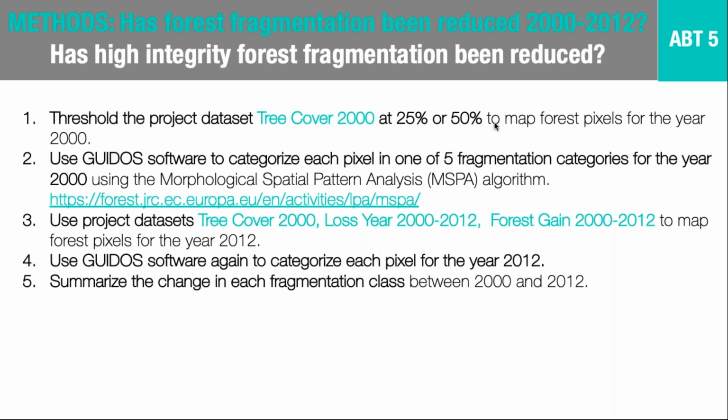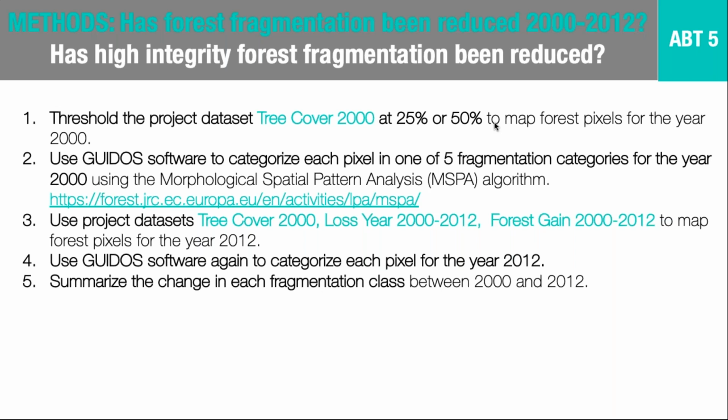Essentially what we do is we use the GUIDOS software to categorize forests in 2000. And then we use the loss year and forest gain information to map forest pixels for the year 2012. Then we can reclassify those pixels using the software for the year 2012.